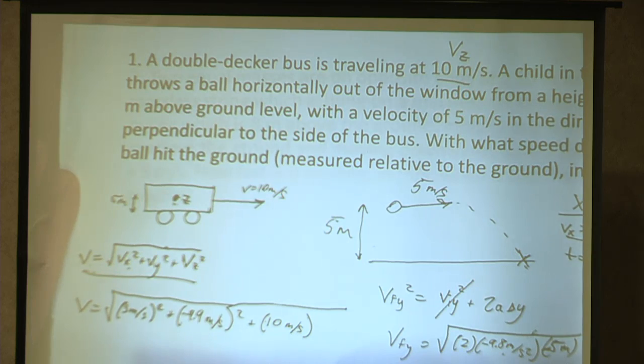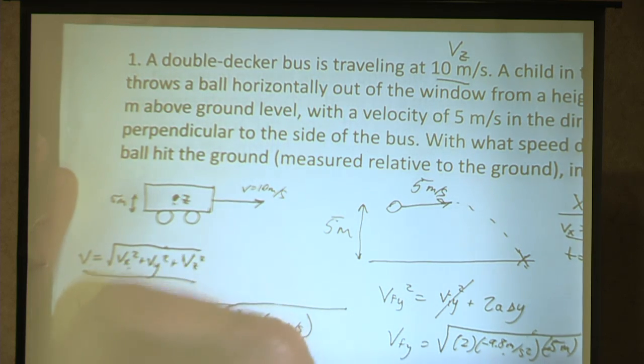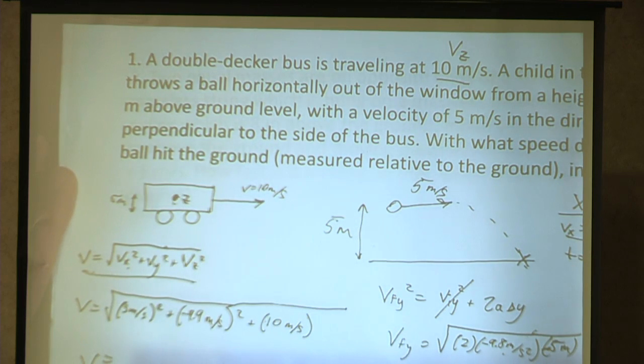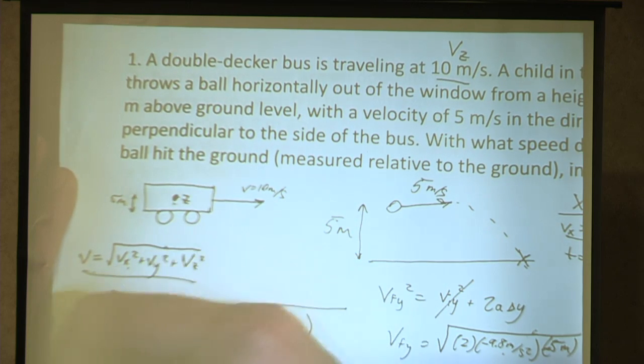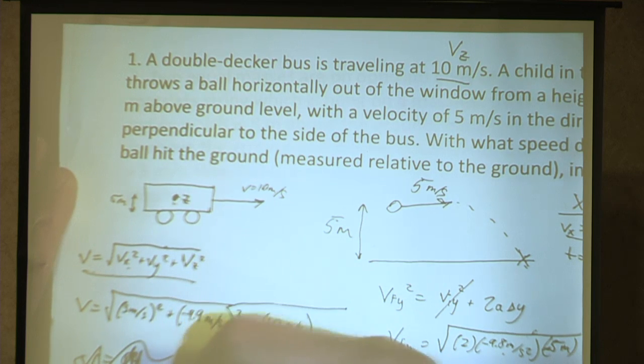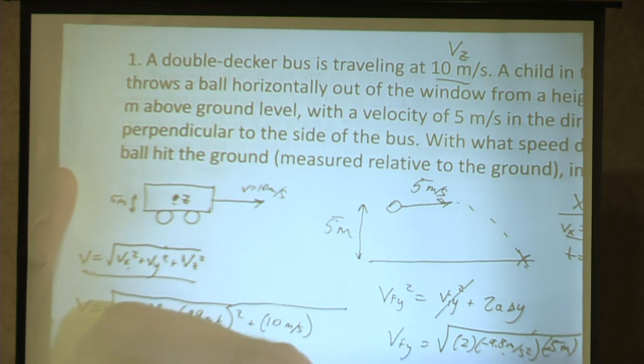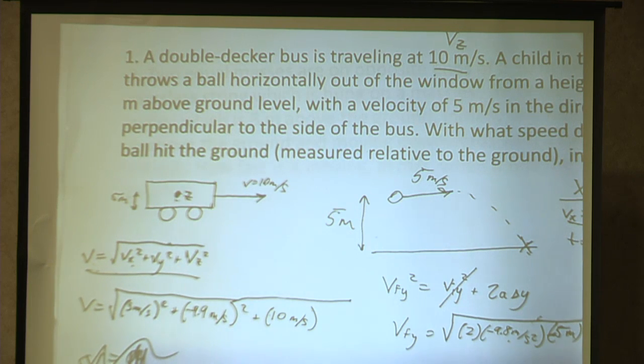Okay. So when you add all those up and do the math, you get an answer of V is 14.9 meters per second.